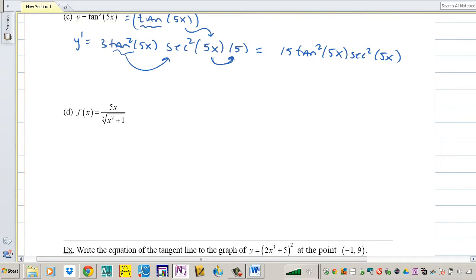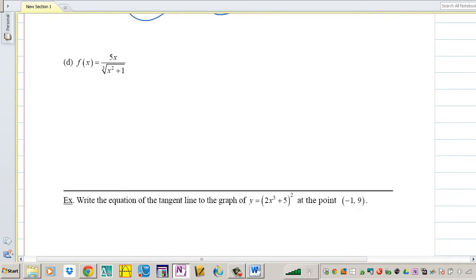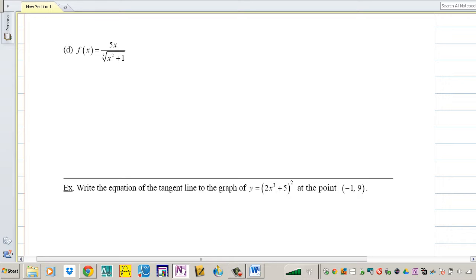Next problem. Ouch. Quotient rule. Okay, so this is my u, that's my v. Let's go ahead and just write it up here. U is 5x. That means u prime is 5. V is x squared plus 1 to the 1/3.